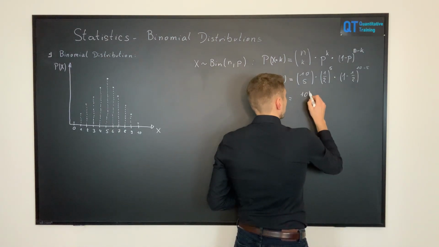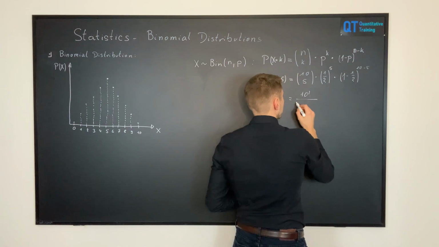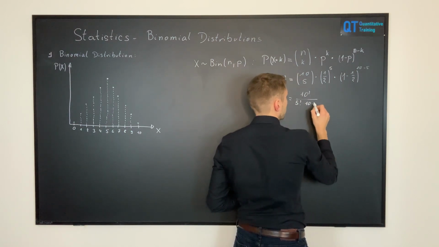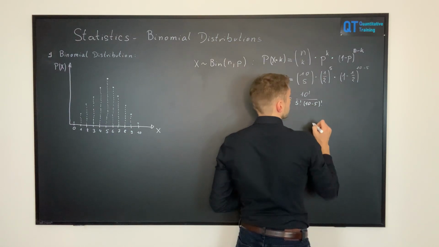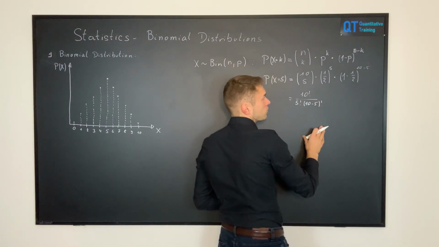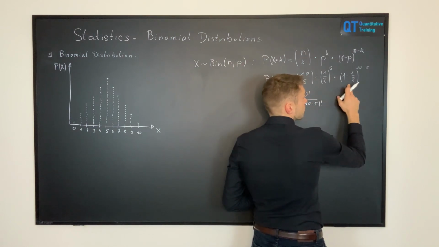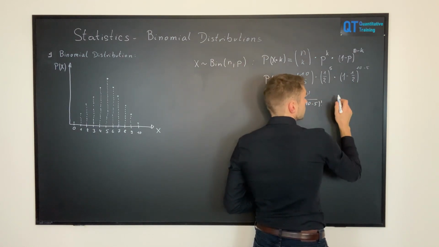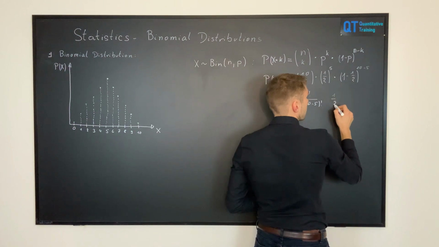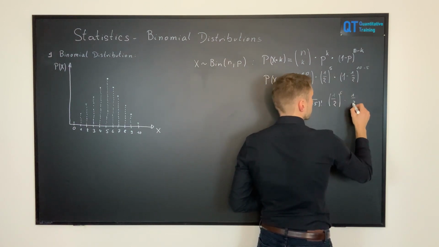So it's the factorial of 10 divided by 5 factorial times (10 minus 5) factorial. Here you basically have 1/2, and here you obtain 1/2 as well. So what you actually get is 1/2 to the power 5 times 1/2 to the power 5.